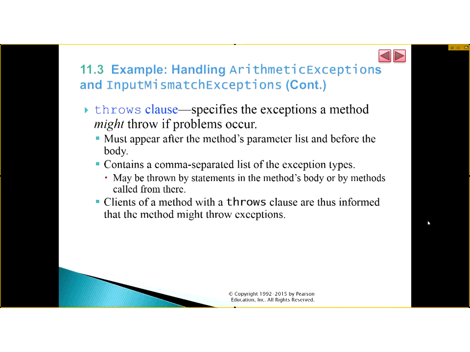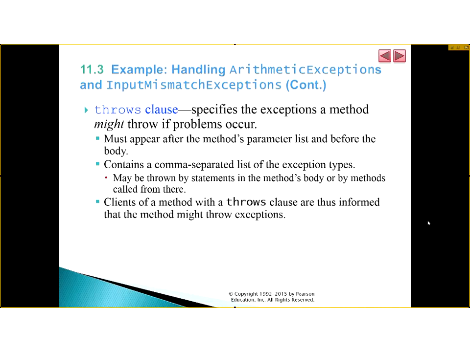Now, what's a throws clause? It specifies the exception a method might throw if problems occur. Typically, I don't use a lot of throws because I handle them right there if possible. But again, there are different ways to do it if you want to. If in the original program we looked at you did not put the throws on the method, it would tell you that it couldn't compile in some cases.